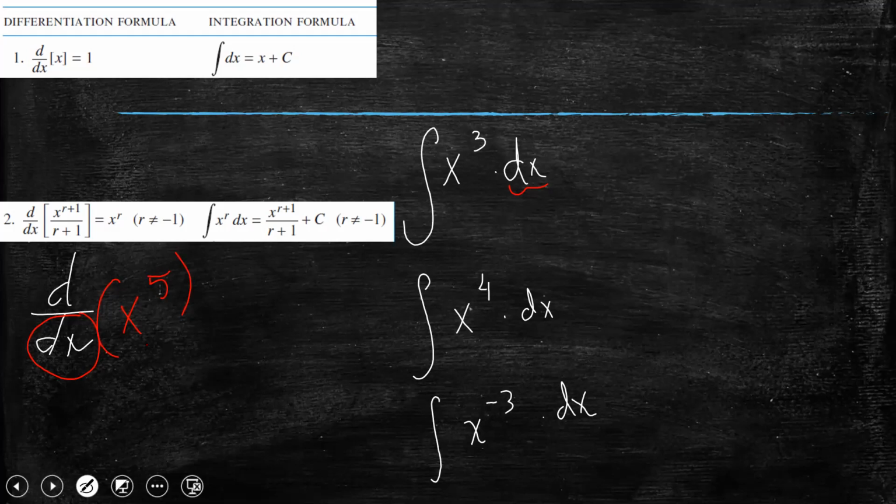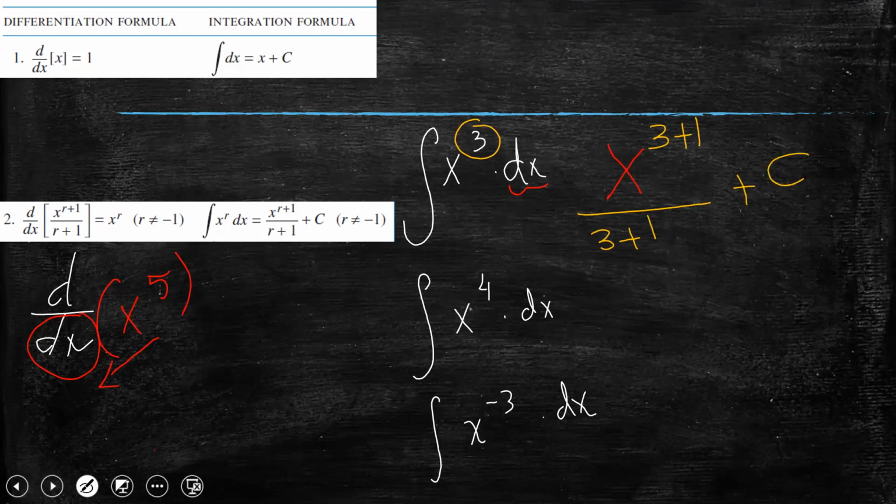Let's now find the integration of x cubed. We said we will write x, then I will look at the power. Where's the power? It's 3. I add it to 1, and then I will take this 3 plus 1 and write it down. Plus c.